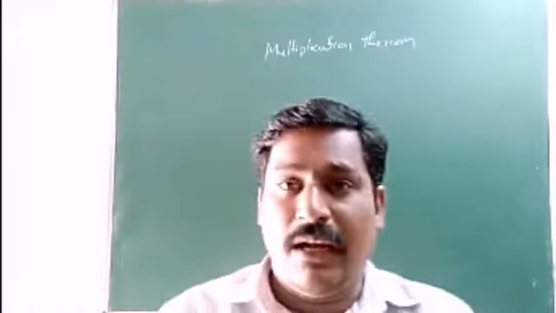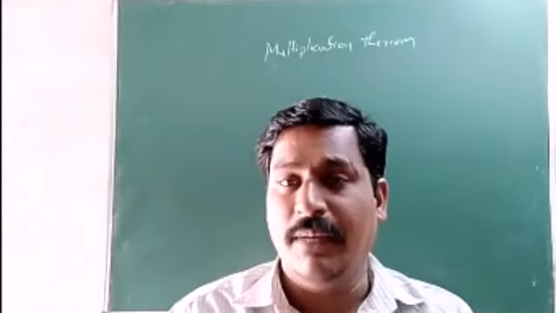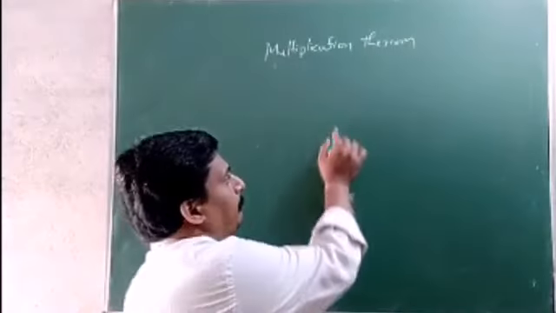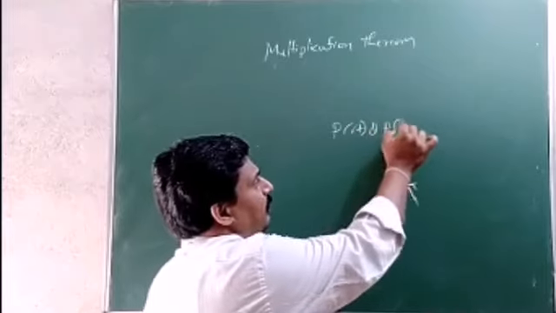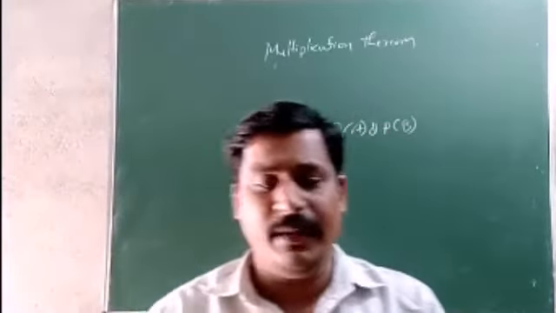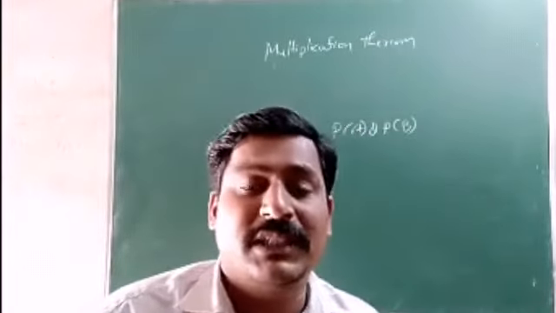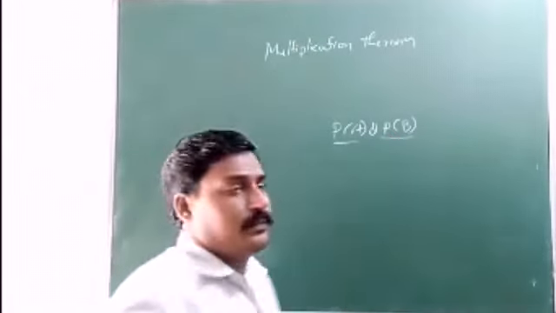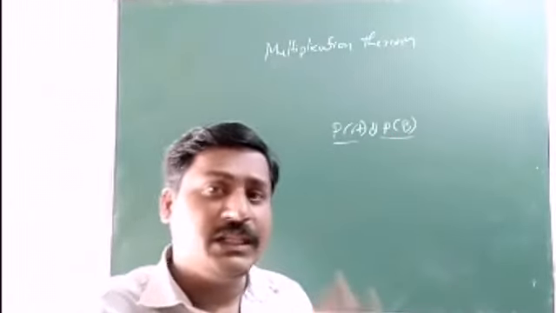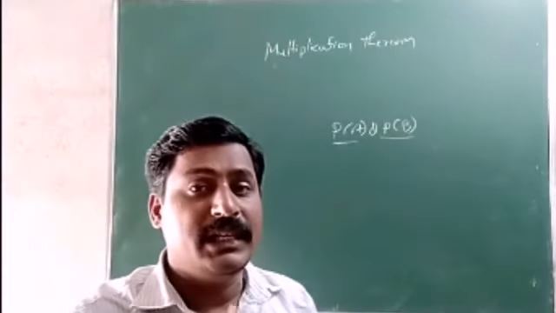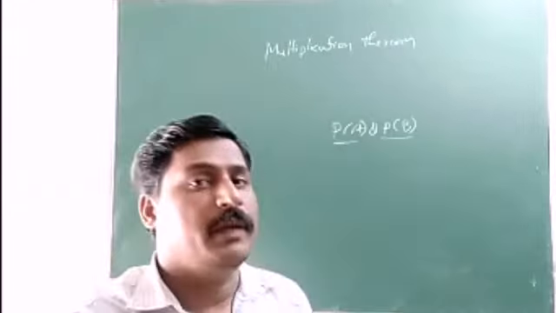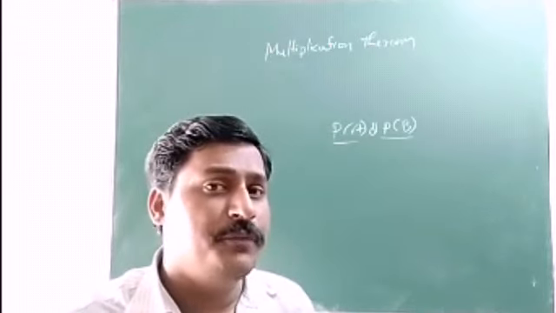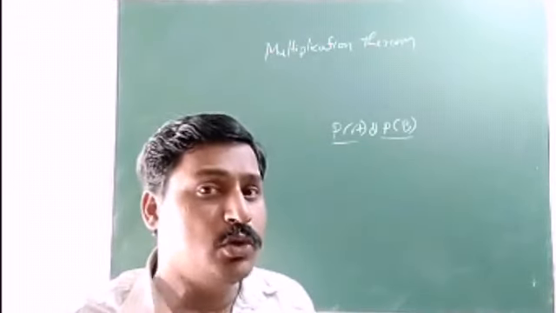Let A and B be two independent events with respective probabilities P of A and P of B. Then the probability of simultaneous occurrence of A and B. Addition theorem is at least one of these, either A or B. Multiplication theorem is simultaneous occurrence of both, that is A and B both.